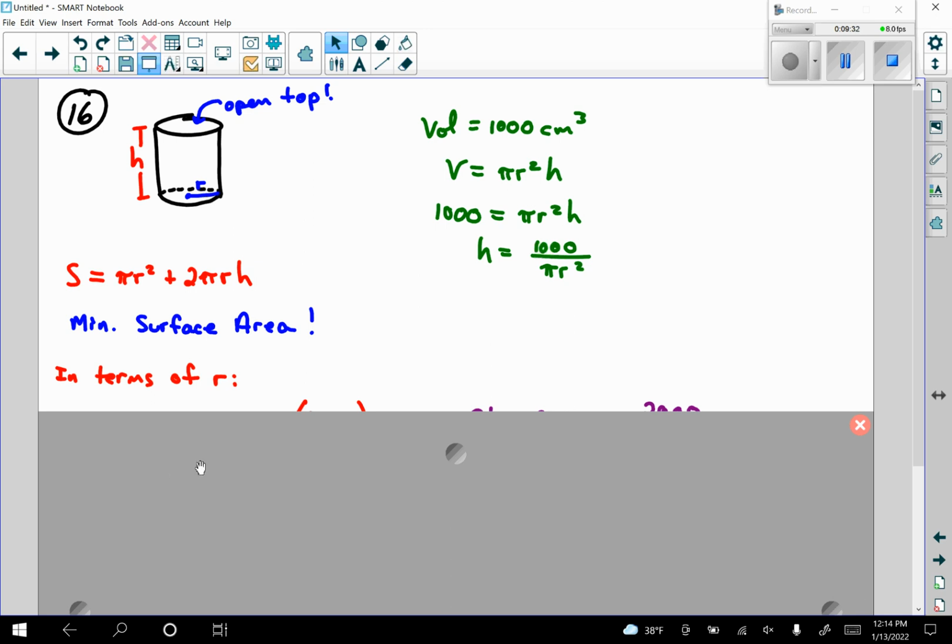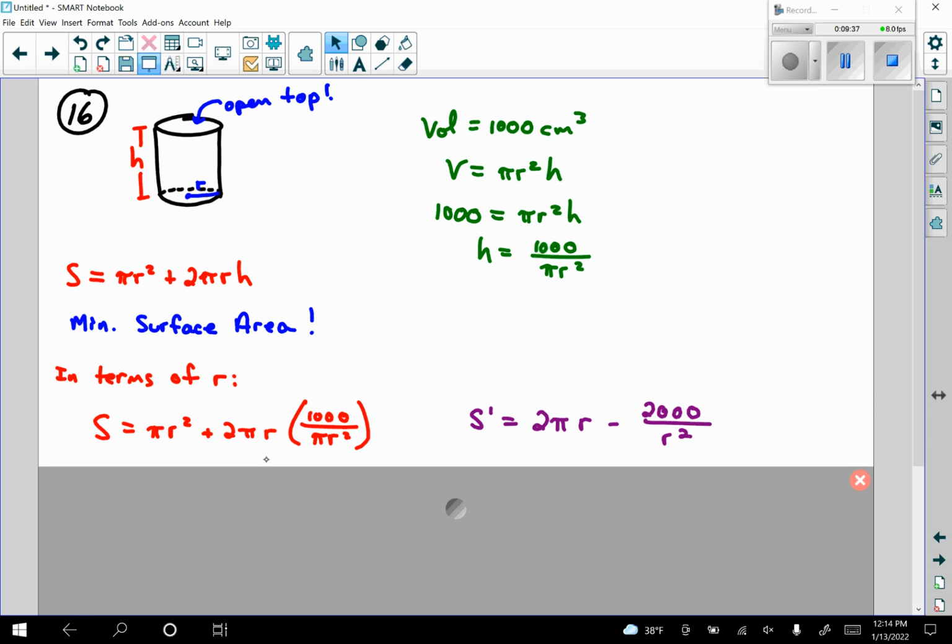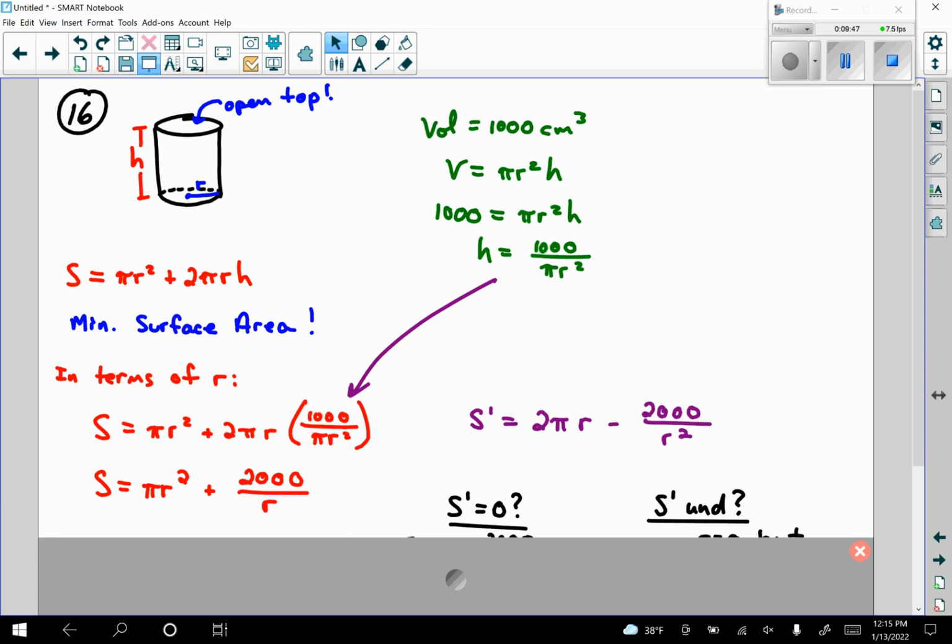So everything else pretty much plays out the same way our in-class example did. So I'm just substituting the h right here and then simplifying. So we end up getting the surface area function is pi r squared plus 2,000 over r.